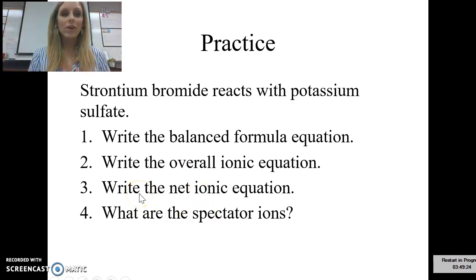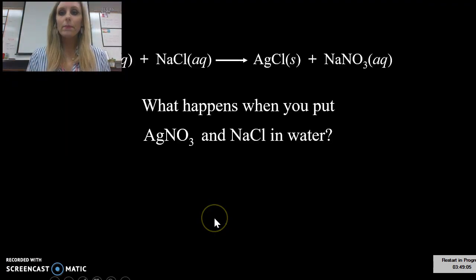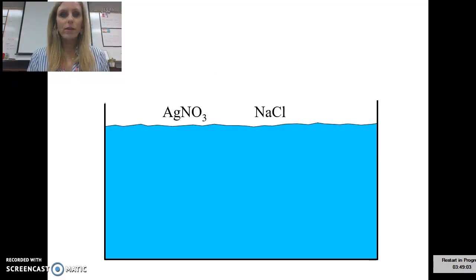And then for the net ionic equation, you're taking out any spectator ion. Anything that did not come together and participate in that precipitate, two very similar words, is a spectator ion, and you do not write it in your net ionic equation.